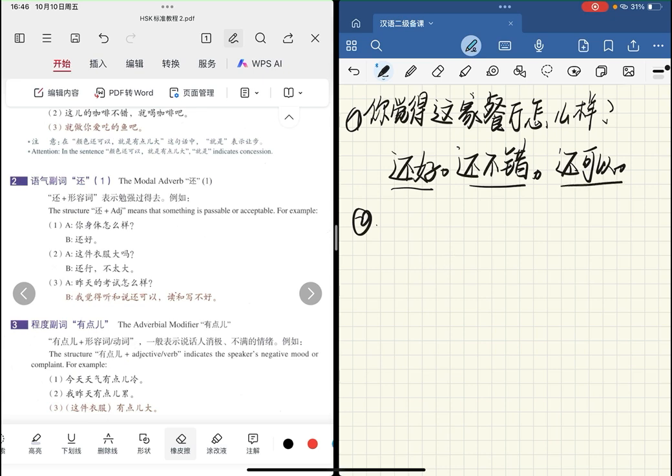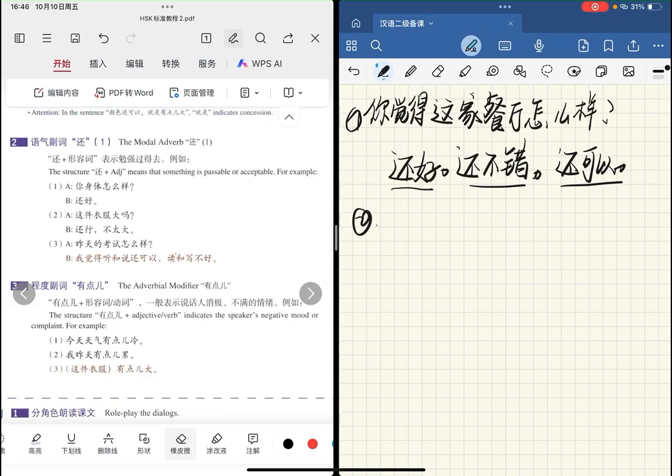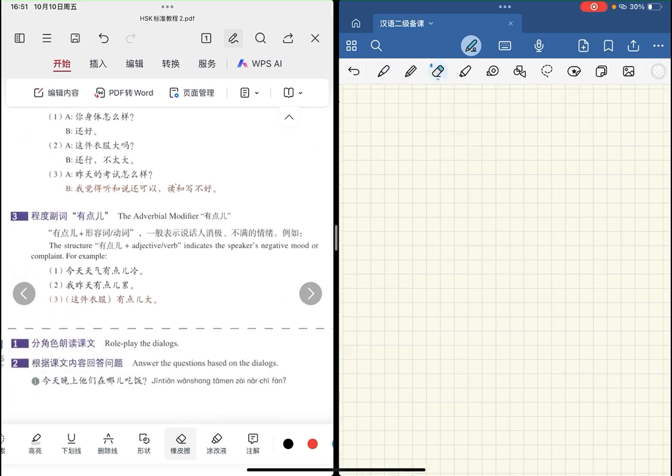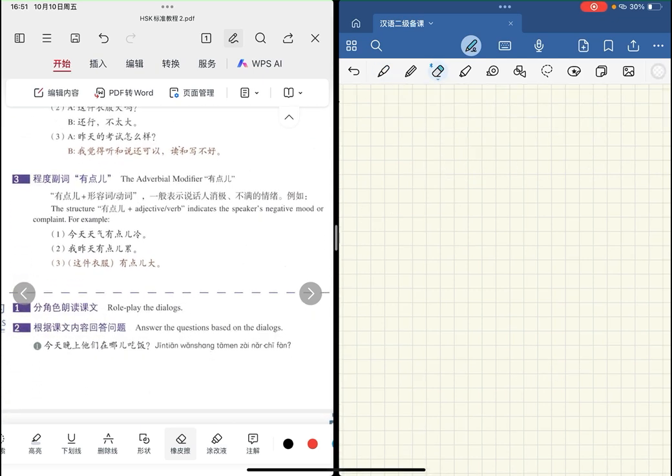This means that something is possible or acceptable.